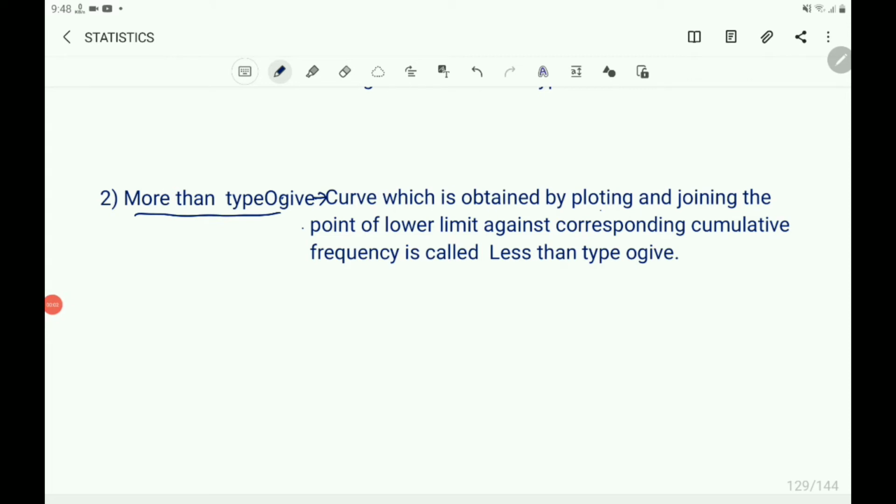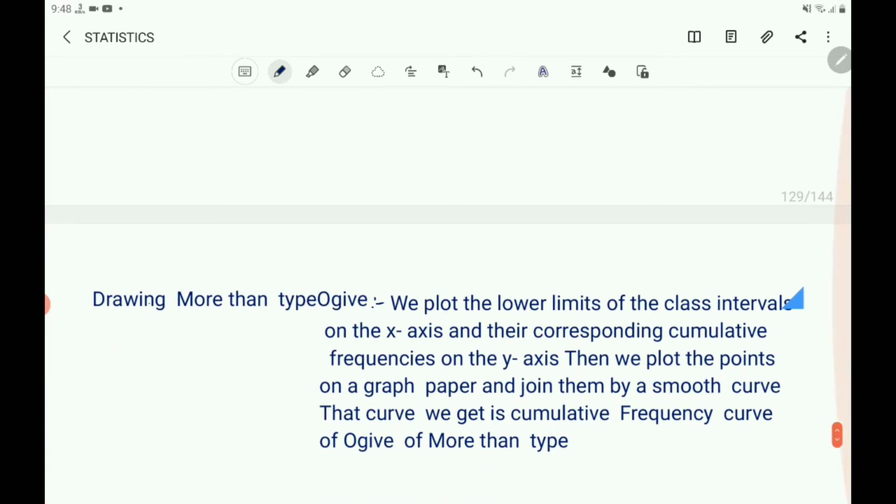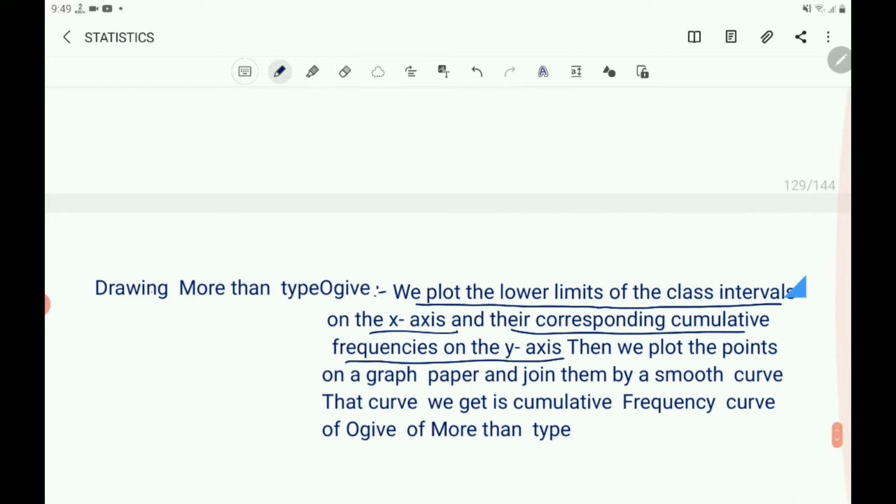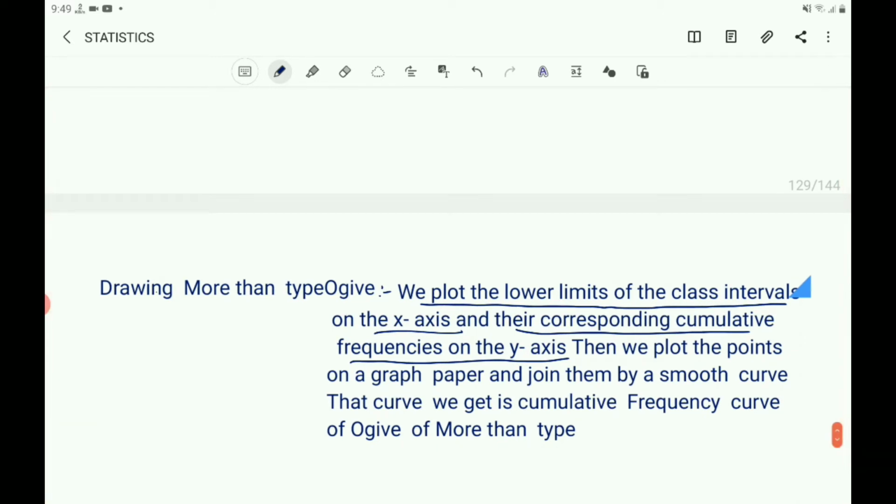What is more than type Ogive? The curve obtained by plotting and joining the points of lower limit against the corresponding cumulative frequency. We plot the lower limits of the class intervals on the x-axis and their corresponding cumulative frequencies on the y-axis. Then we plot the points on a graph paper and join them by a smooth curve.